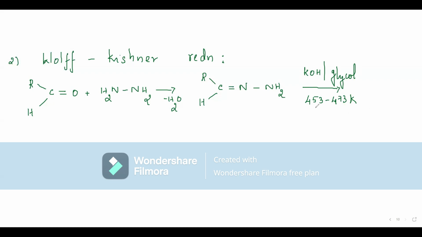Now, in presence of ethylene glycol and potassium hydroxide, you are removing these 2 nitrogens, so one of your products is N2. When you remove these nitrogens, what is remaining? You have R, C, H, and on the carbon you will have 2 more hydrogens, so you are getting the RCH3 hydrocarbon.